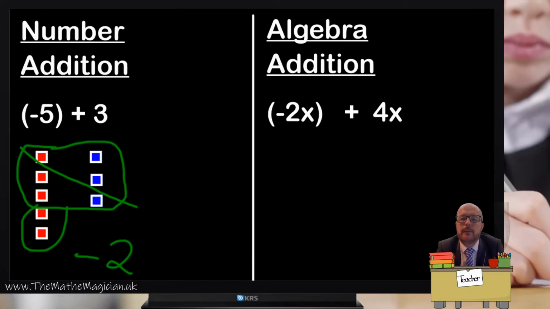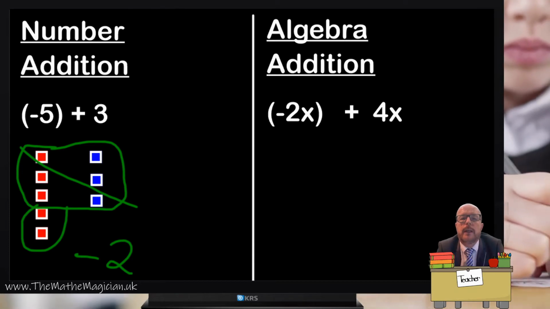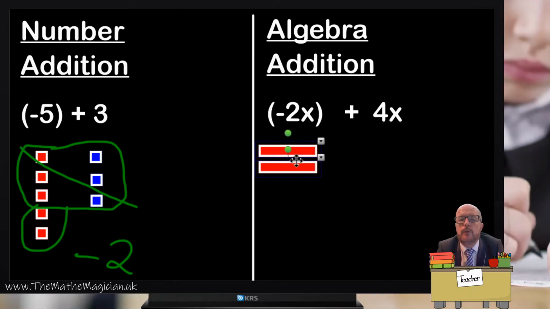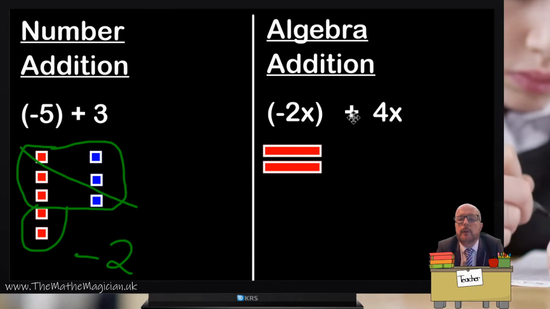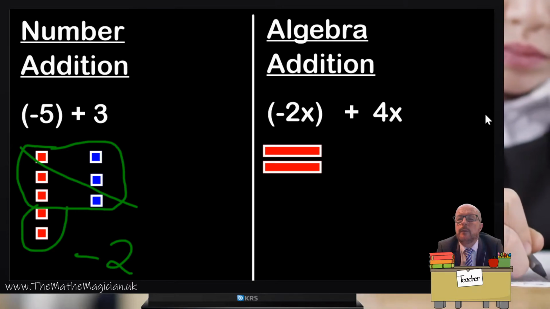Let's look at negative 2x plus 4x. So let's show negative 2x. What are they going to look like? They're going to be 2 red rectangles. And we're going to add on 4x. What colour will they be? Well, they're a positive 4x.